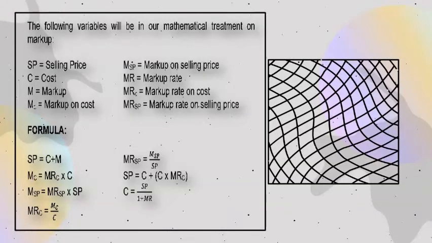The following variables will be in our mathematical treatment on markup. We have SP, which stands for your selling price, M sub SP, that is markup on selling price, C, your cost, MR, that is your markup rate, M, that is markup, MR sub C, that is your markup rate on cost, M sub C, that is markup on cost, and lastly, MR sub SP, that is markup rate on selling price.